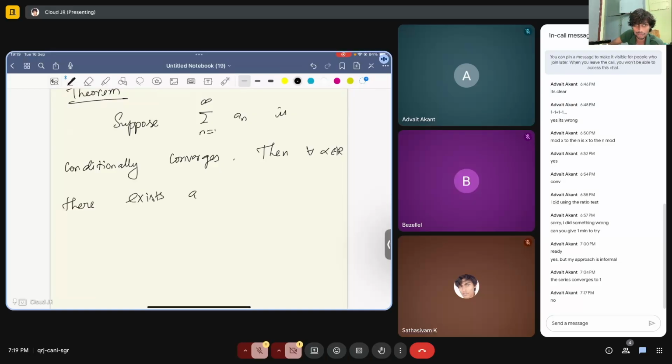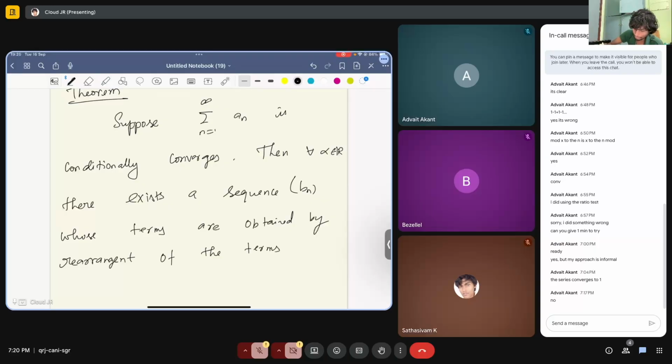There exists a sequence b_n whose terms are obtained by rearrangement of the terms of a_n such that summation n equal to 1 to infinity b_n is alpha.